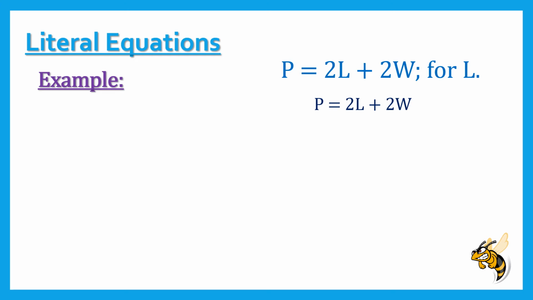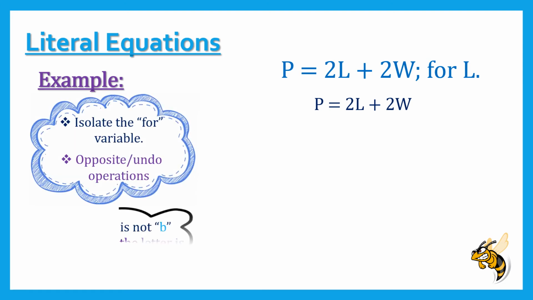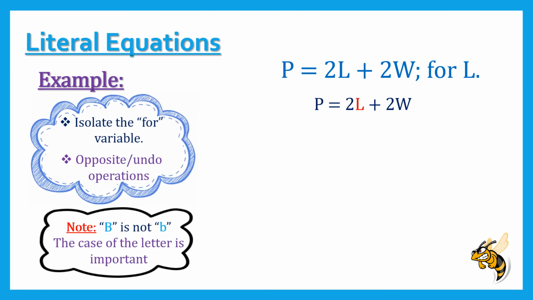In this case, the L is on the right side, so I need to remove that 2W from the right side because it doesn't contain an L. The opposite of a positive 2W is a negative 2W. So I'm going to subtract 2W from both sides. So now I'm left with P minus 2W equals 2L.